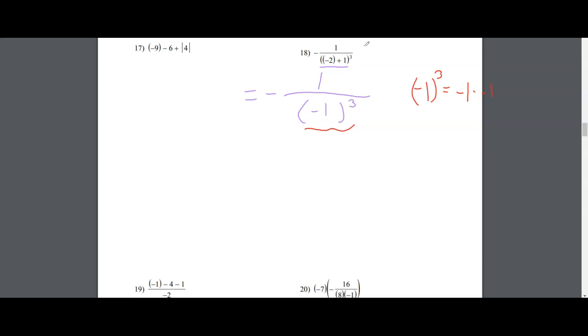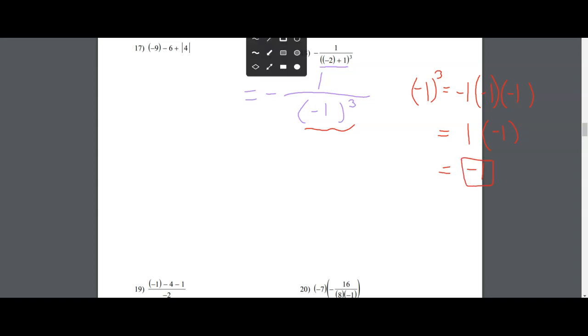And maybe it's easier if I put each in parentheses so you don't get confused with the negatives and the multiplication symbols. So that is what -1 cubed looks like. -1 times -1 is +1. Then we still have the extra -1. 1 times -1 is -1.